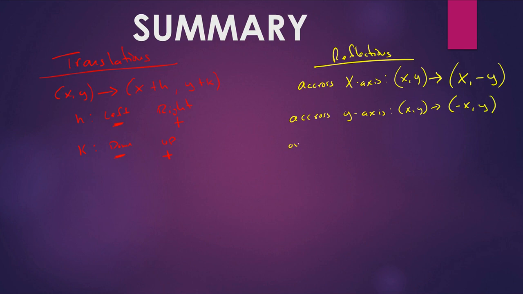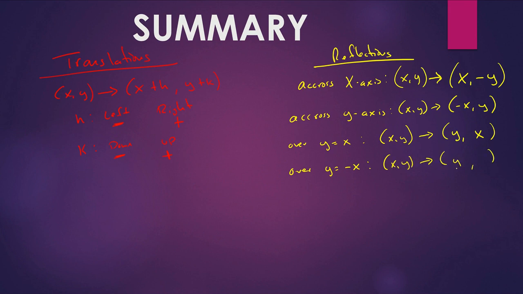When we go over y equals x, the two values, the x and y, they switch locations. When we go over the line y equals -x, they still switch. The only difference is we switch the sign as well, right?